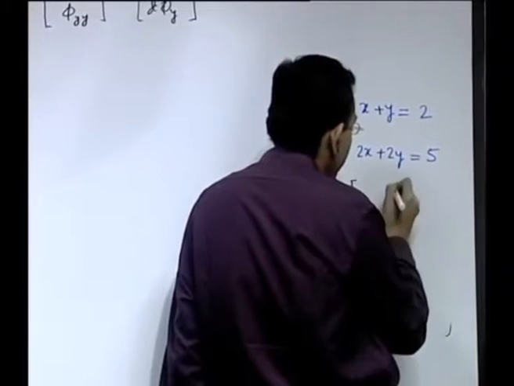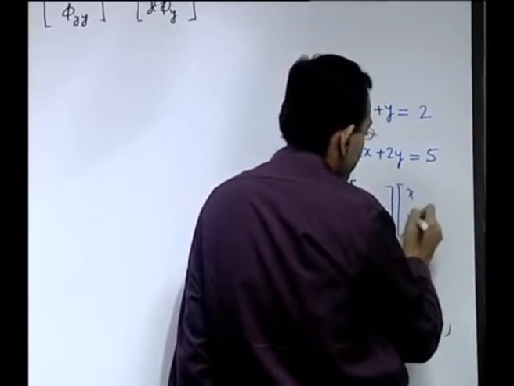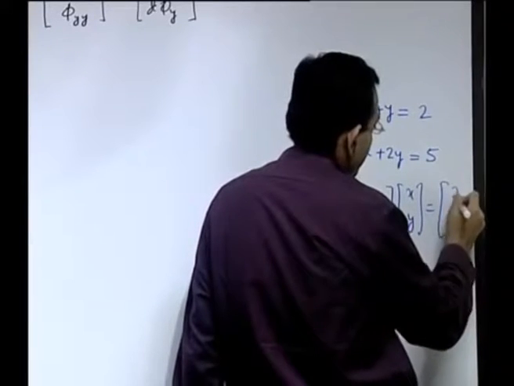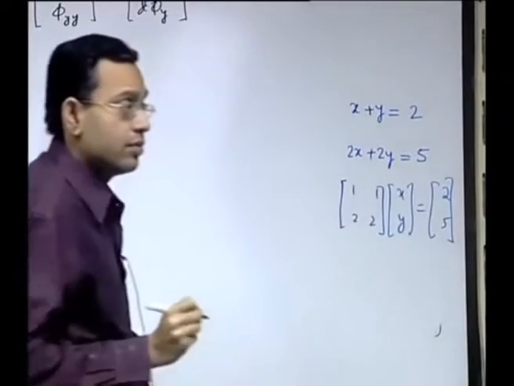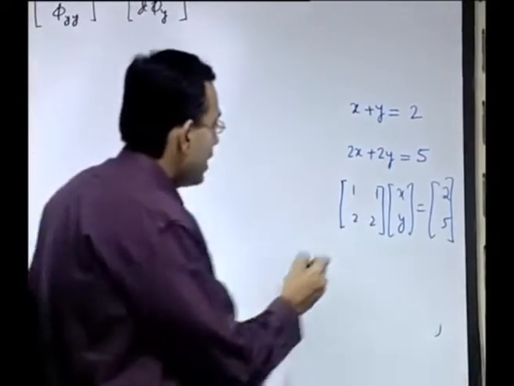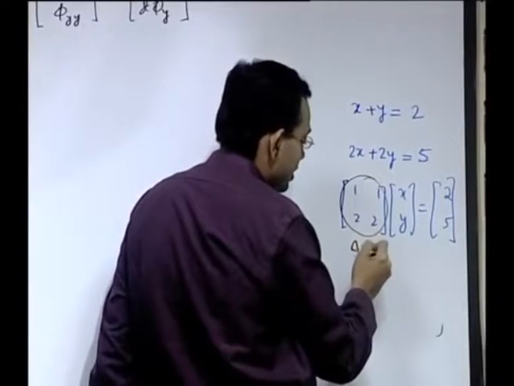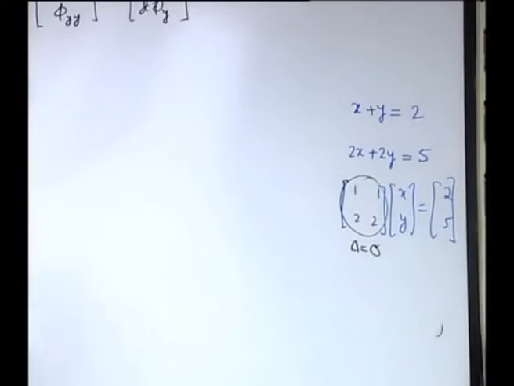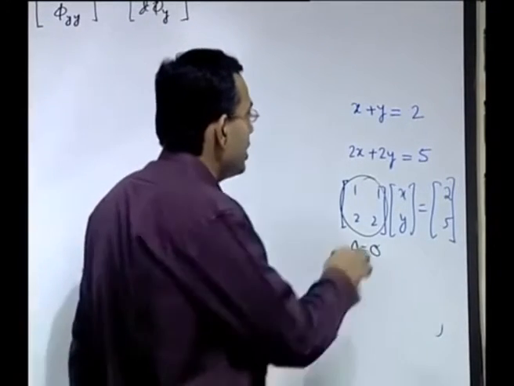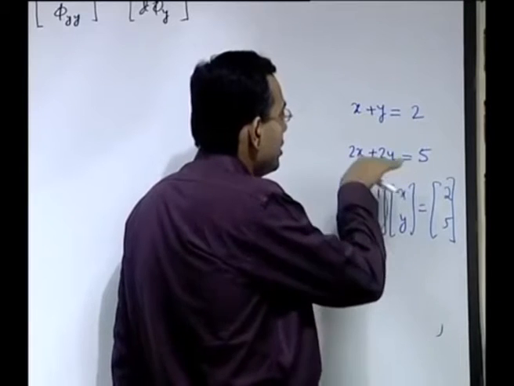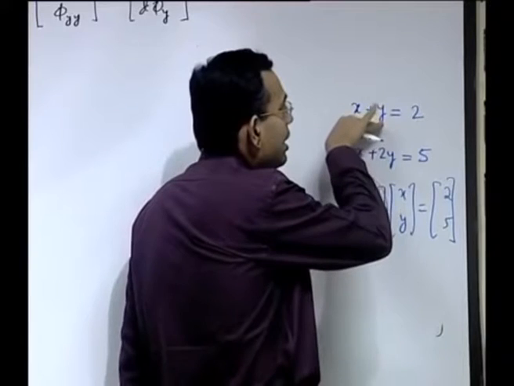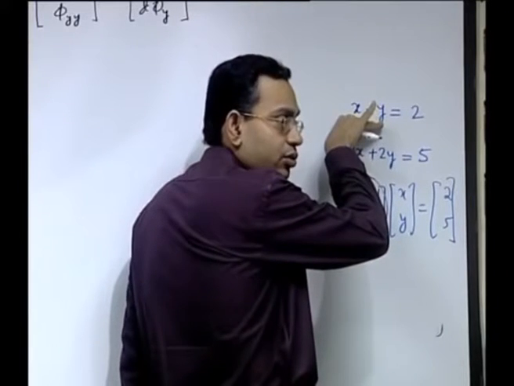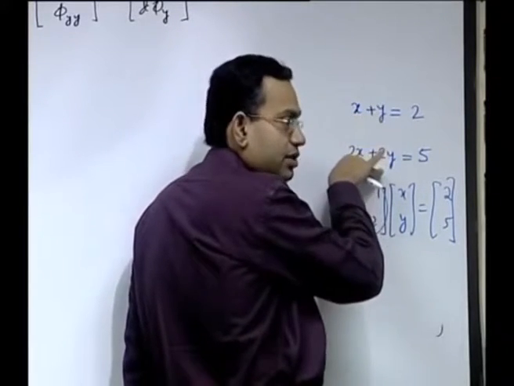If we write it in a matrix form, we can see that this determinant is equal to 0, which essentially stems from the fact that you have this row that can be written as some linear multiplier of this particular row. So, the second row is a linear multiplier of the first row.